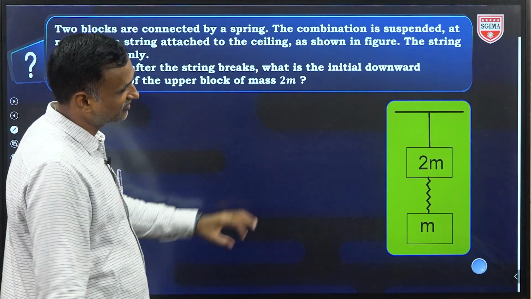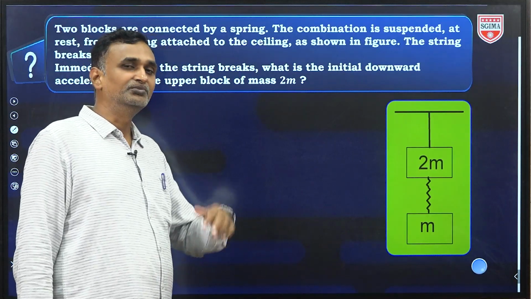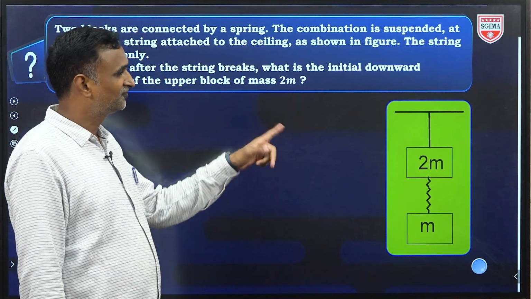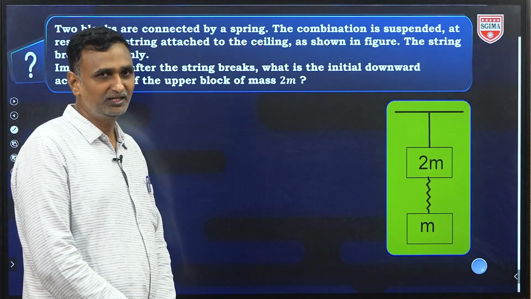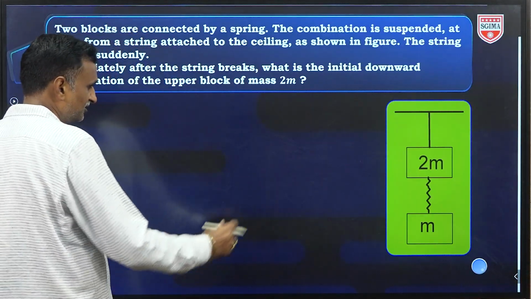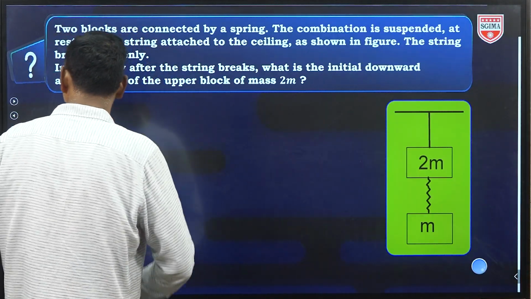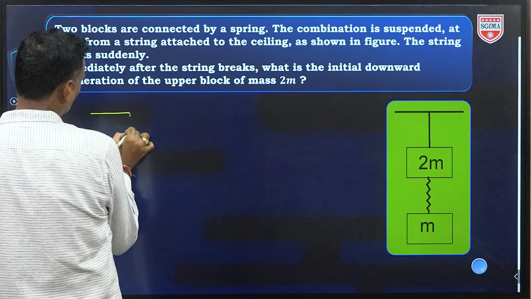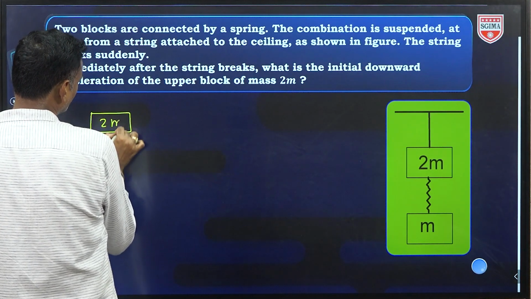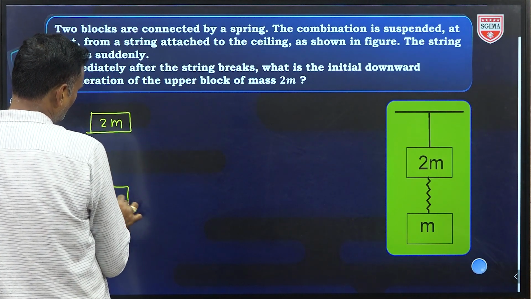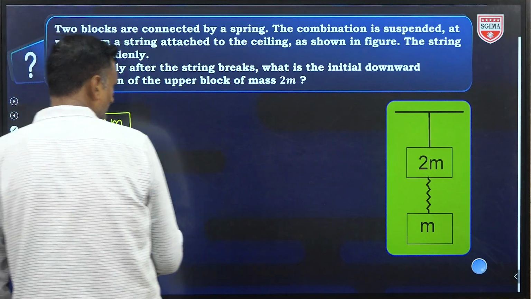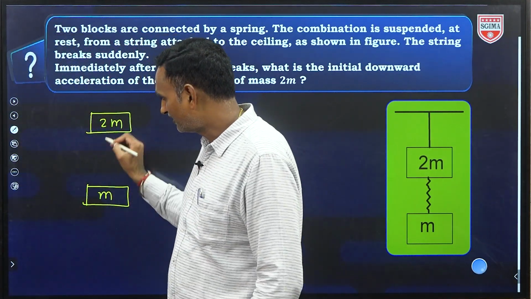This sort of question we need to solve before breaking the string and after breaking the string. So first of all, let us start with the free body diagram. Here is the 2m mass, and here the m mass. In between is the spring force.